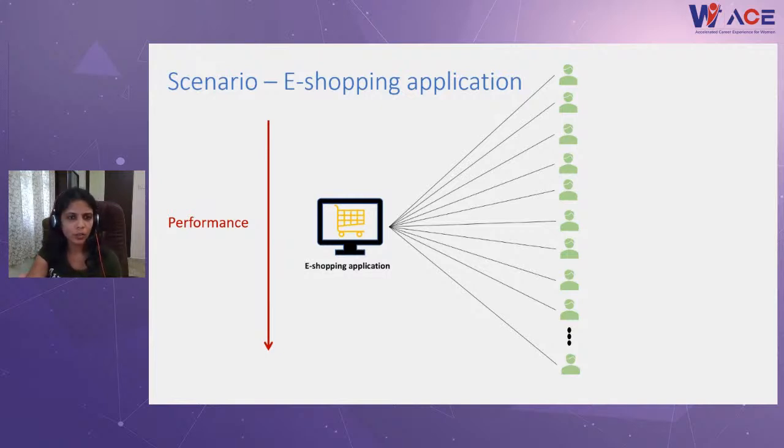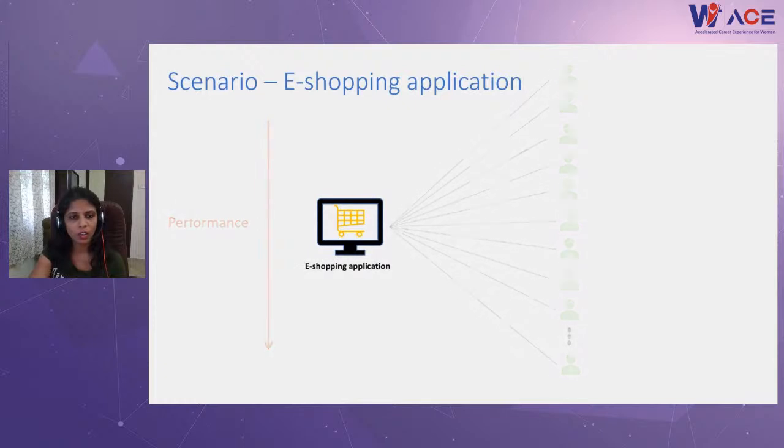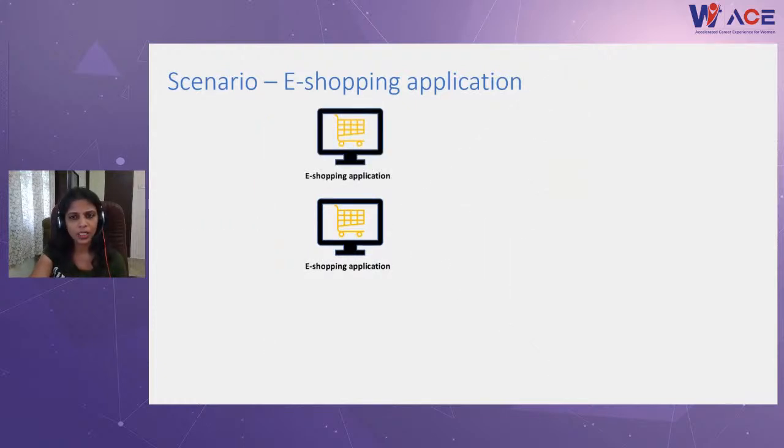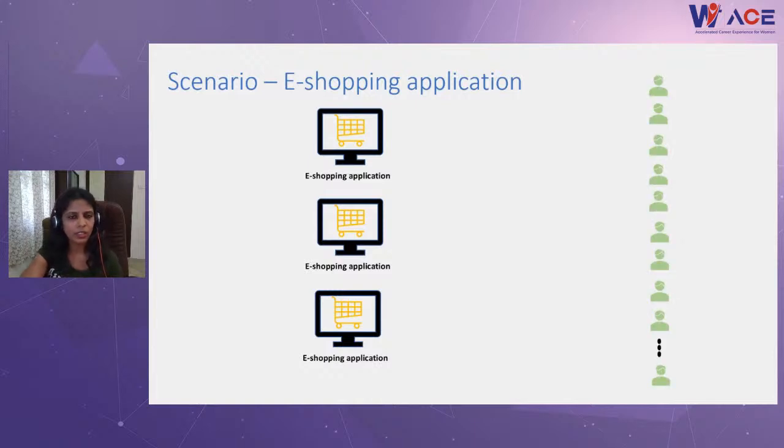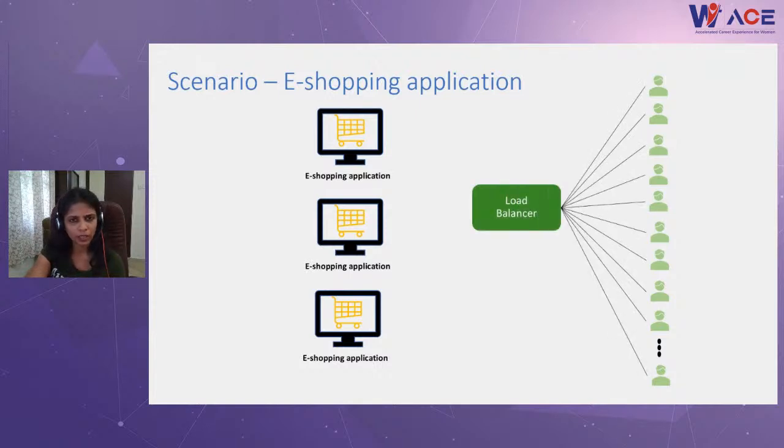See, the entire load is coming to a particular server, right? So we do not want the application to run on one single server. Why not have my application deployed on multiple servers? When you have your application deployed on multiple servers, no matter how many users try to access it, you will have a load balancer that takes care of routing your request to the appropriate server.